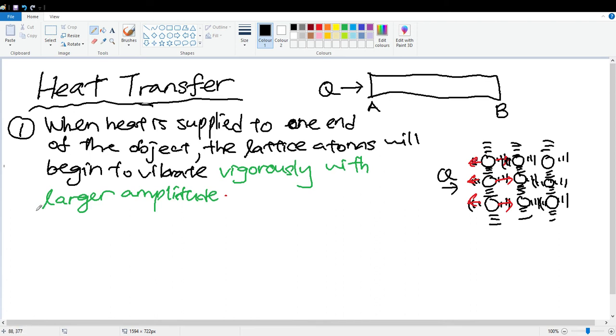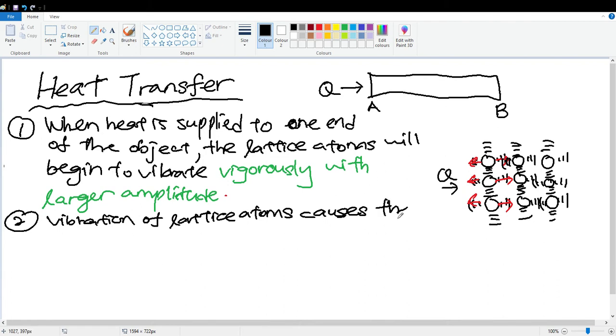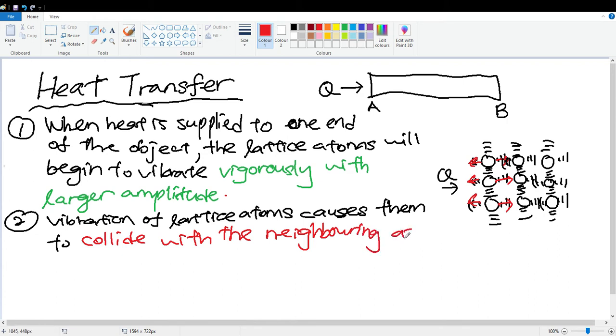So for the second statement: vibration of lattice atoms causes them to collide with the neighboring atoms.